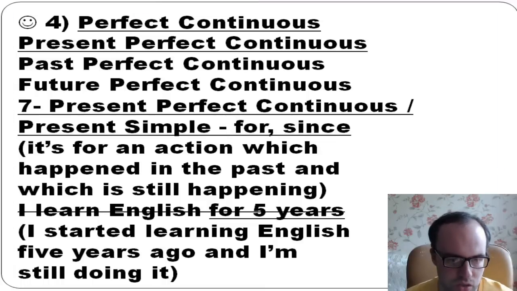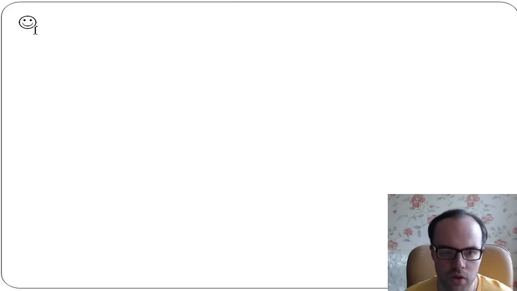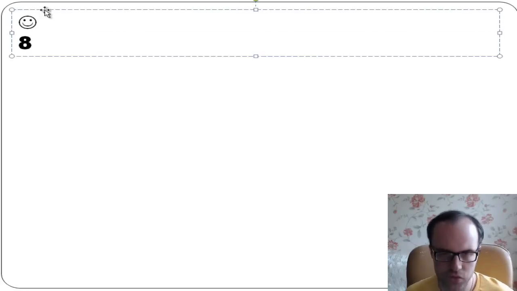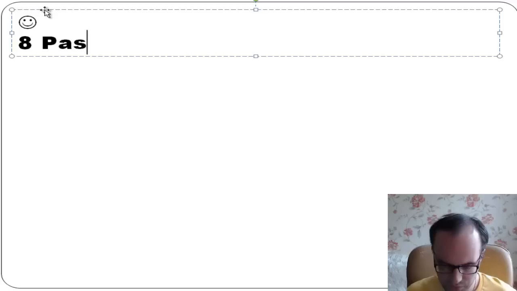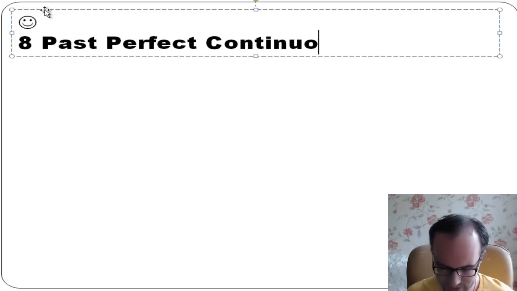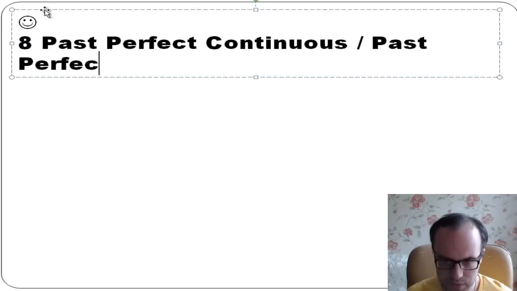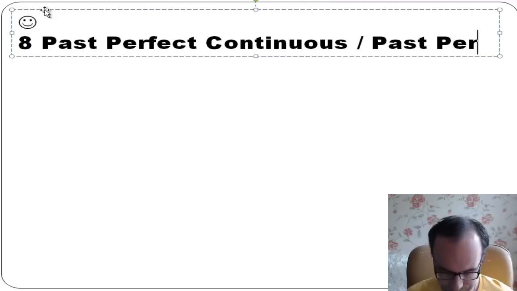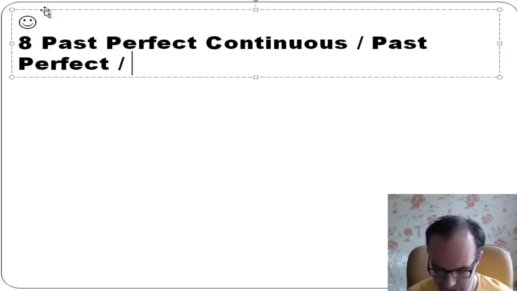Well, I'd also like to talk about these very important tenses: past perfect continuous. Let's compare this tense with past perfect and past continuous.